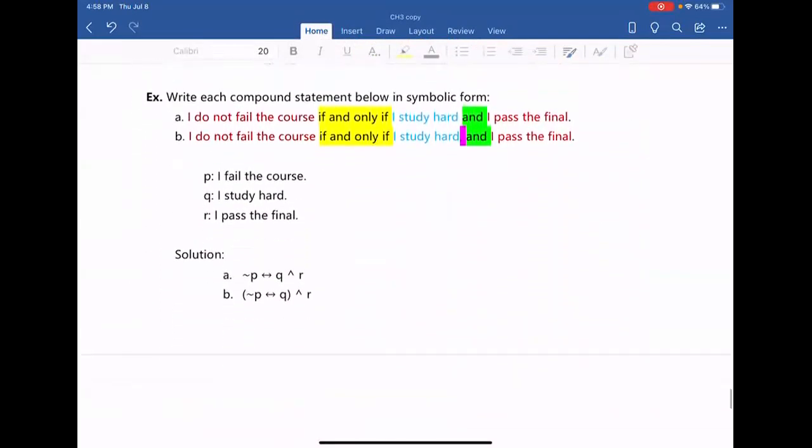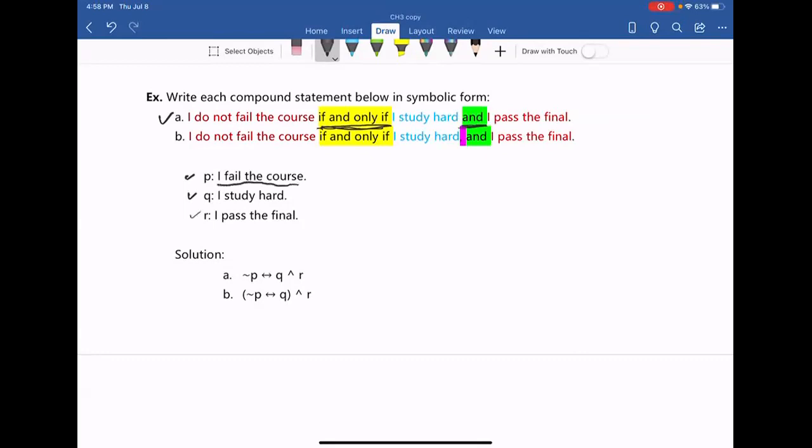Okay. Example: write each compound statement below in symbolic form. The first one is, I do not fail the course if and only if I study hard and I pass the final. So you see if and only if, you also see and. Decide which is the dominant, if and only if. This is a biconditional. Here they already provide you the simple statements P, Q, R. P is I fail the course.